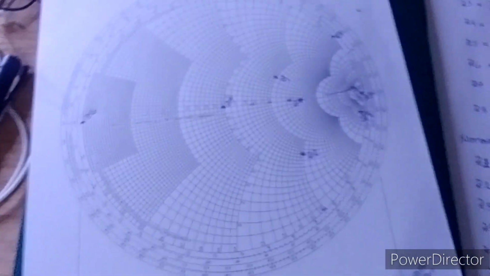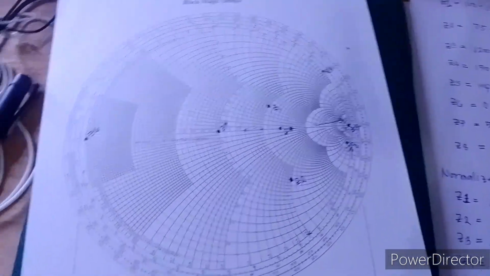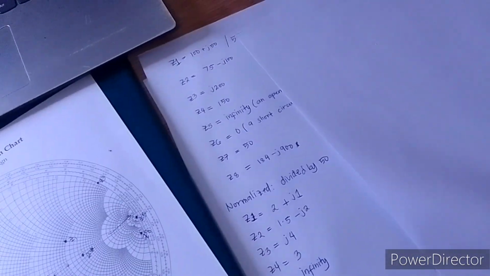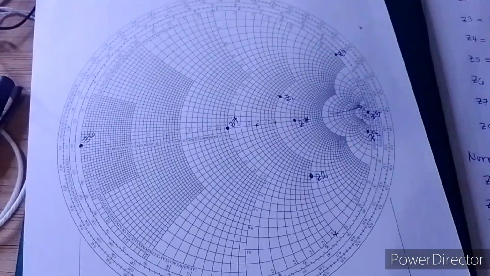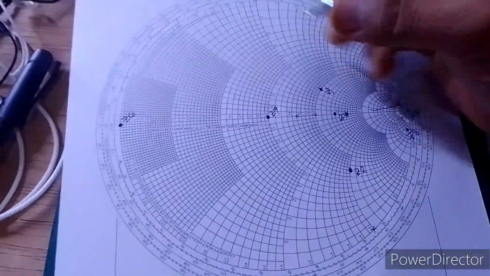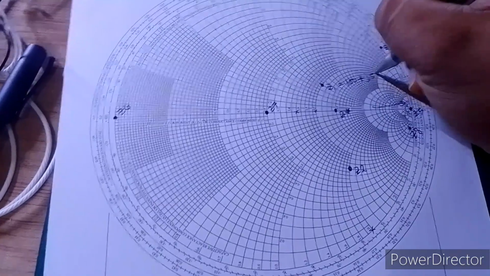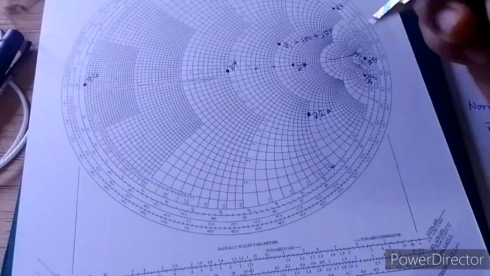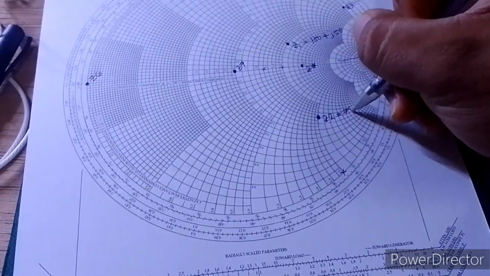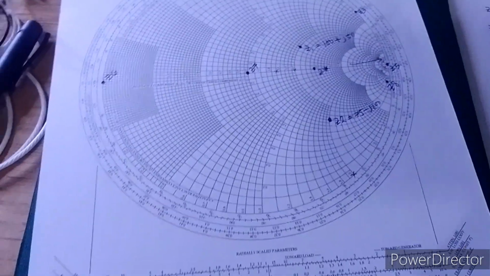Alright, so that's it. We have already plotted all the impedances here. We have the Z1, or the impedance 1, which equals 100 plus j50. We have the Z2 equals 75 minus j100.